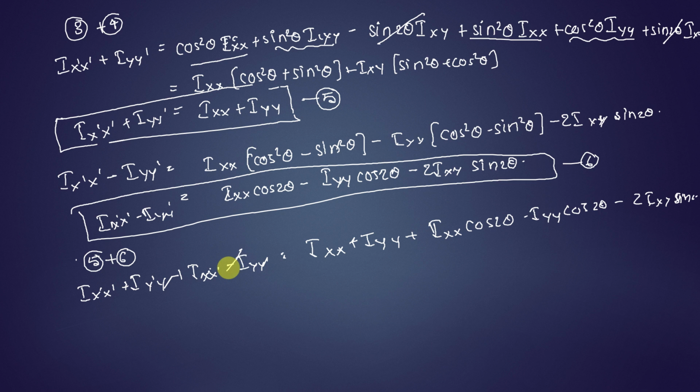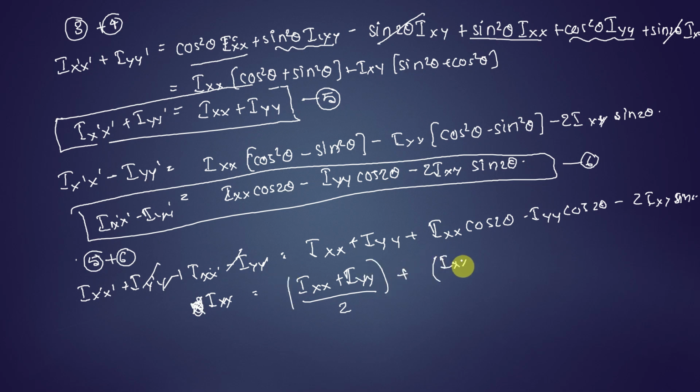Ultimately this will be cancelled, and 2Ix'x' is written as Ixx plus Iyy, and by 2, because I am taking this 2 to the denominator, plus Ixx minus Iyy by 2, the common term, cos 2 theta, minus Ixy sin 2 theta.